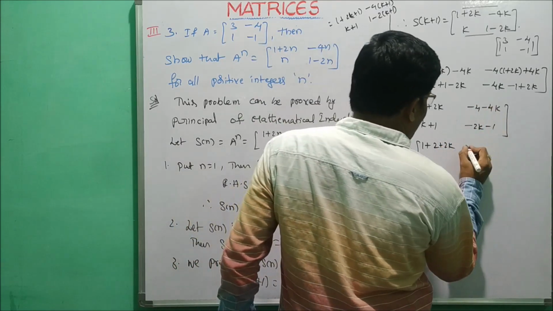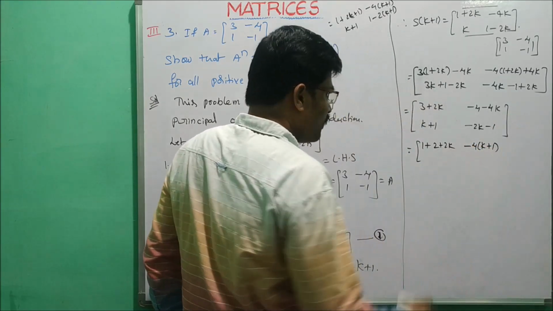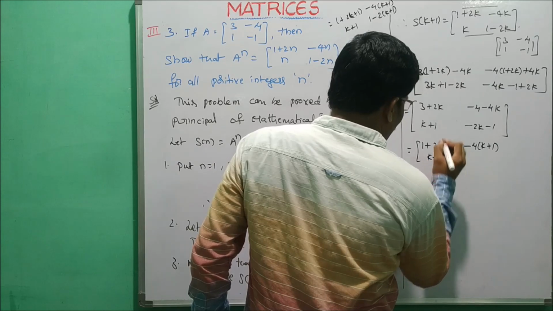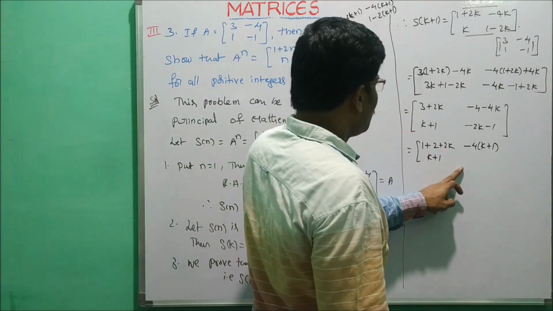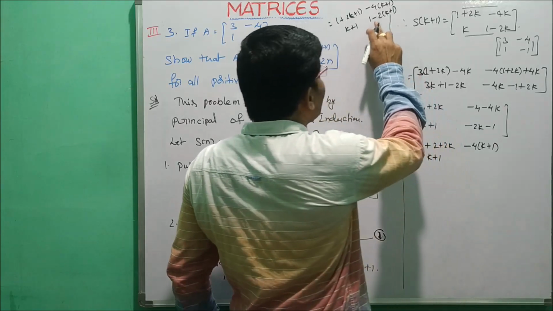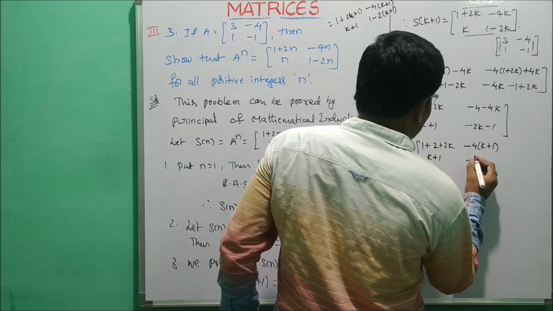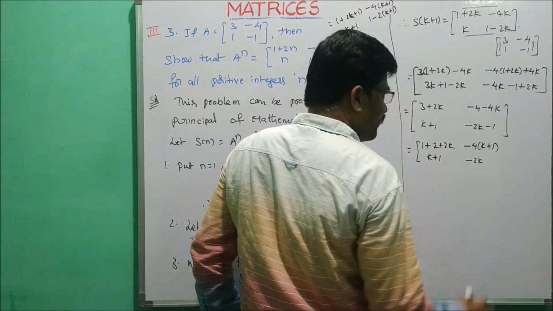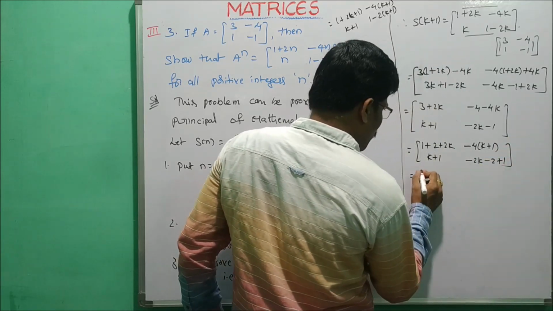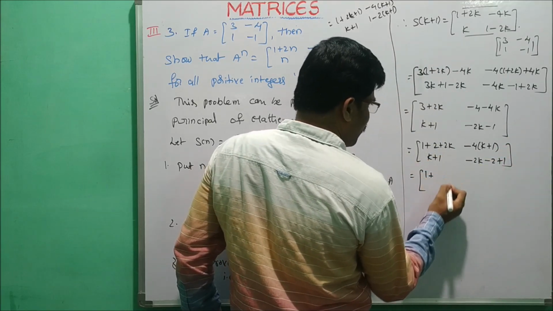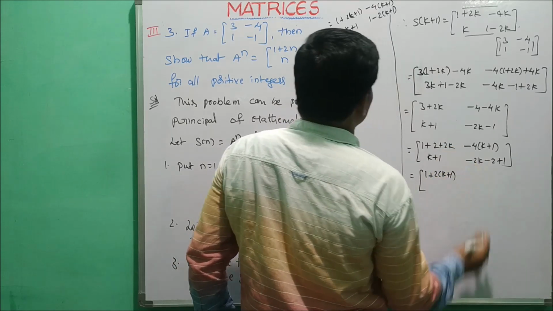In that we take common minus 4, that value is k plus 1. So this is already in the same term k plus 1. Now in the fourth term, we write 1 minus 2 into k plus 1, so minus 2k is already there, and we write minus 2 plus 1. Here we observe that 1 plus, we take common 2, so 2 into k plus 1.